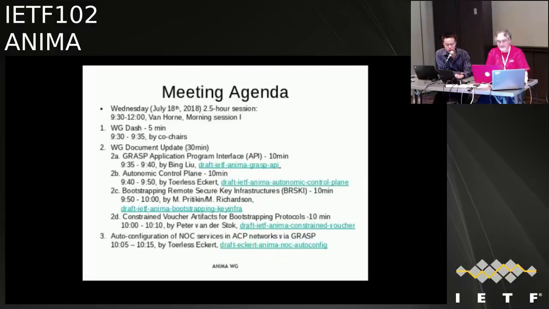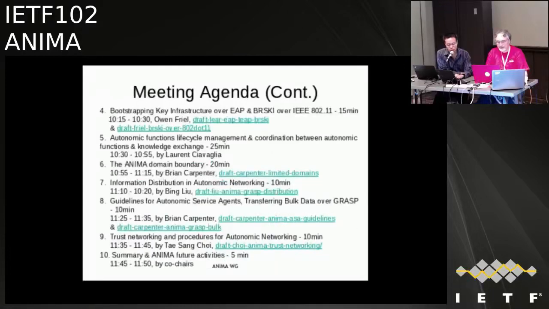Next we have the autonomic network service in ASA networks. And we have the bootstrapping key infrastructure over the IEEE environment. Next is the autonomic function lifecycle management together with the coordination between autonomic functions and knowledge exchange, done by Laurent, and the Anima domain by Brian Carpenter.